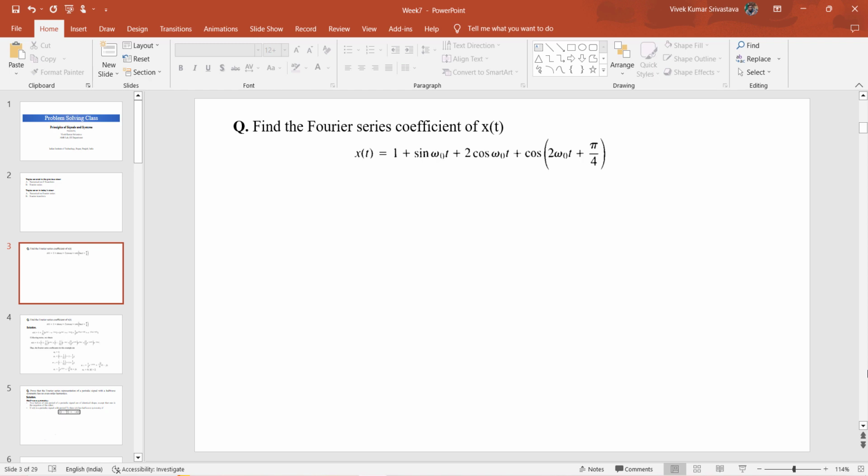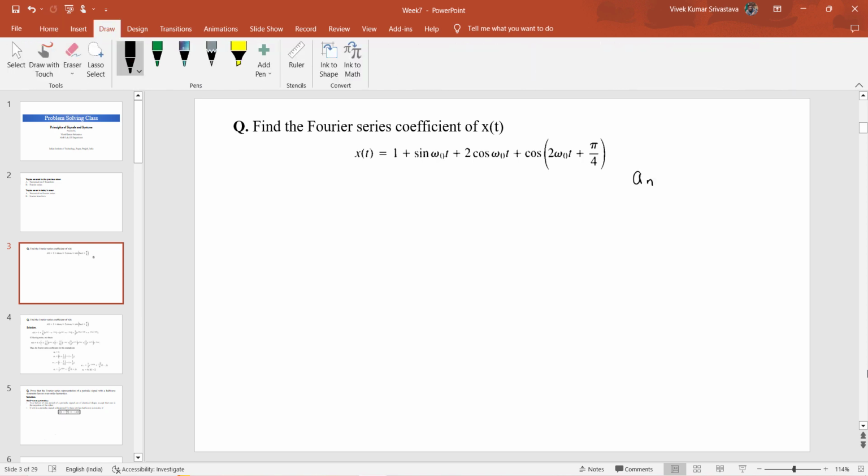First of all, as we know, to evaluate the Fourier series coefficient we can use this formula, that is 1 over T integral 0 to T x of t into e raised to the power minus j n omega naught t dt.